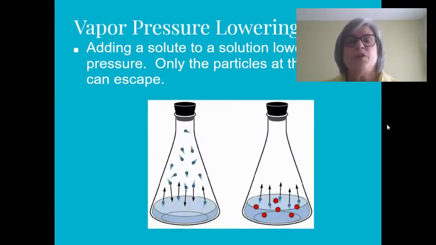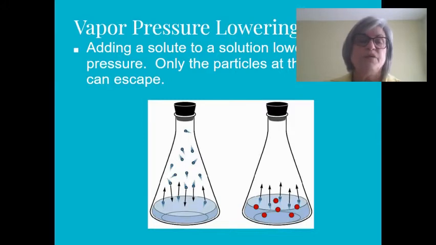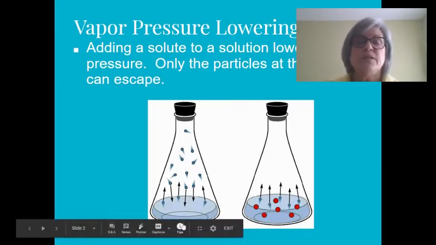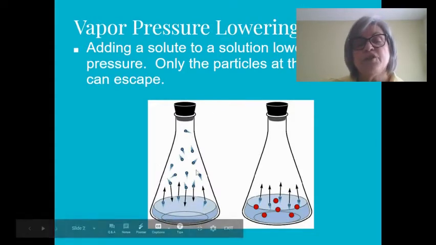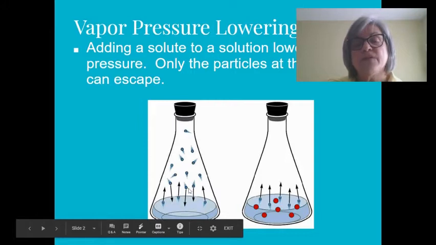So vapor pressure lowering. This happens when you add solute particles to a pure solvent to form a solution. So here is the pure solvent, and vapor pressure is the pressure that the particles above the solution create on the surface of the solution.